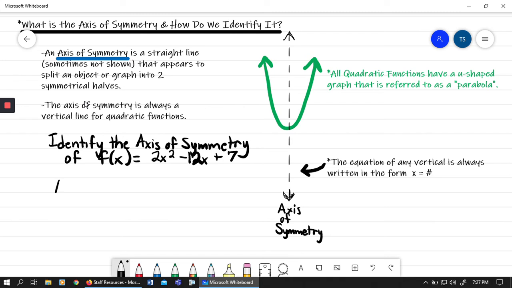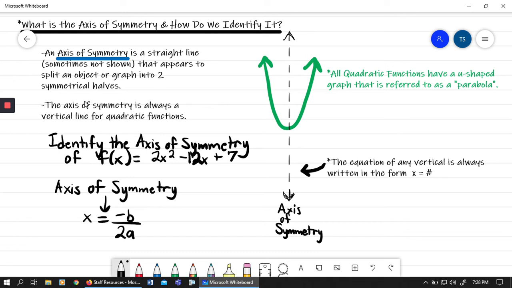The equation has to be in the form of x equals some number, so the axis of symmetry is x equals, and then we have to calculate this value: negative b divided by 2a.